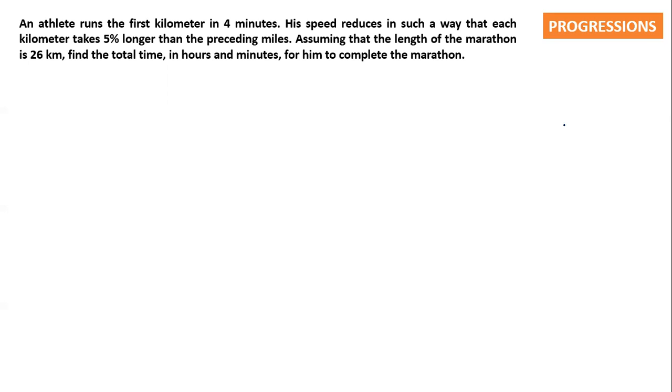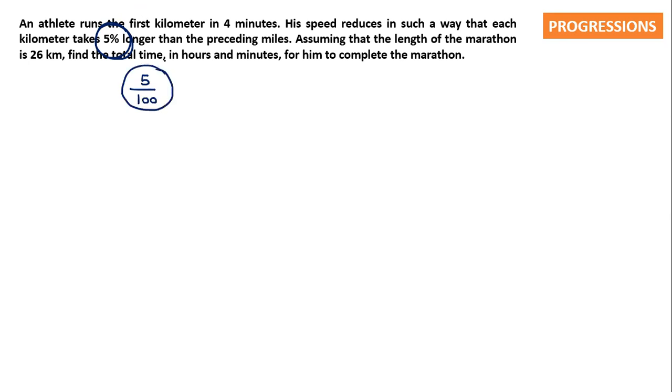Arithmetic progression must have a common difference, while geometry progression must have a common ratio. I always tell my students, a ratio is a fraction. When you talk about 5%, 5% is 5 over 100, which is already a fraction.